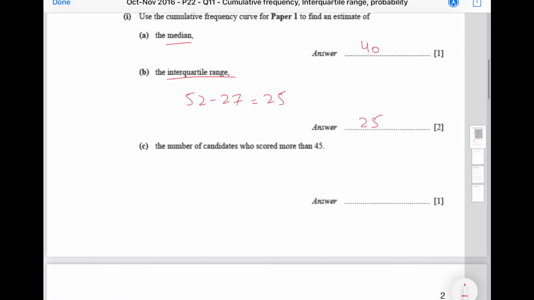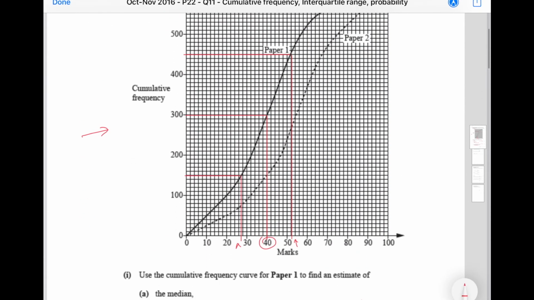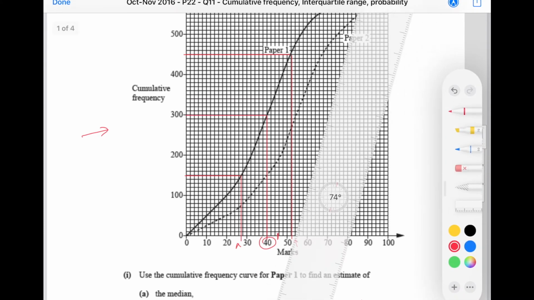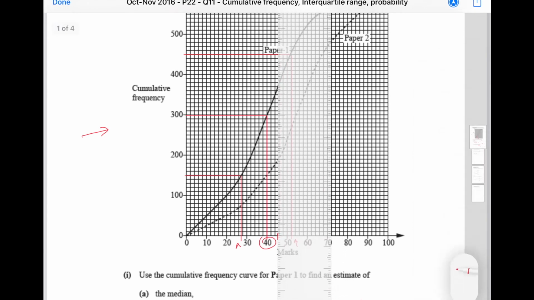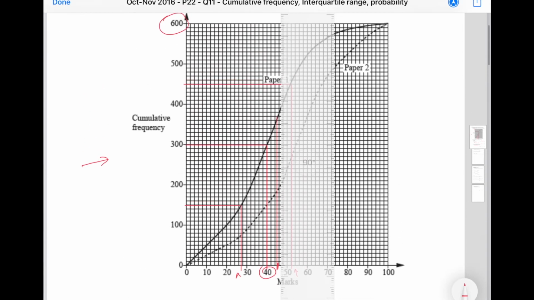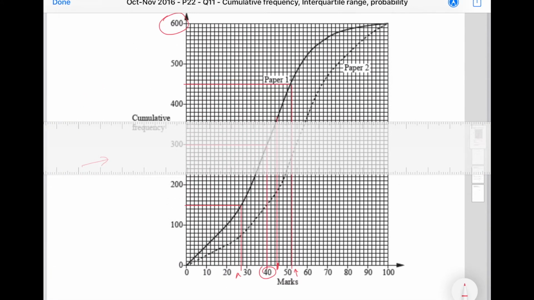The next part says the number of candidates who scored more than 45. So the candidates who scored more than 45, first of all, the 45th mark is going to be over here. So we draw a vertical line like this connecting to paper 1's curve, and then we draw a horizontal line over here.